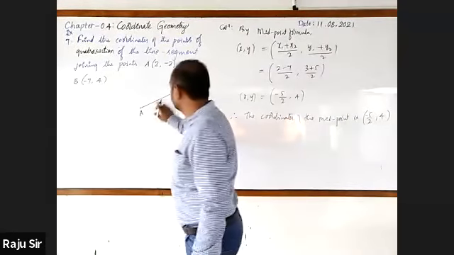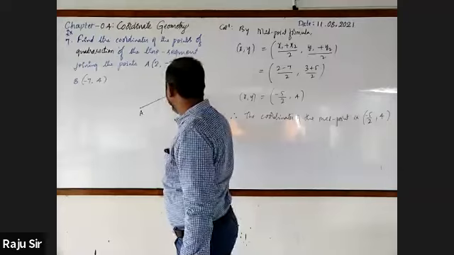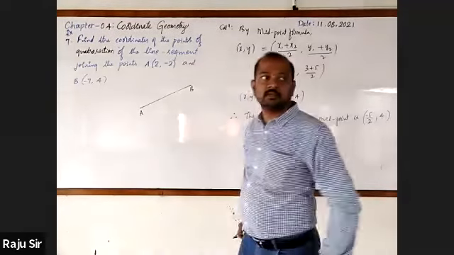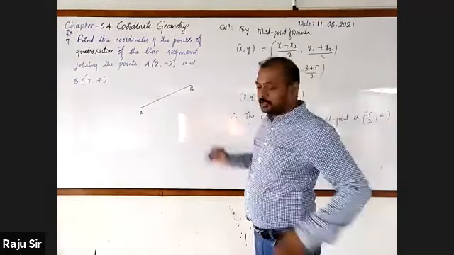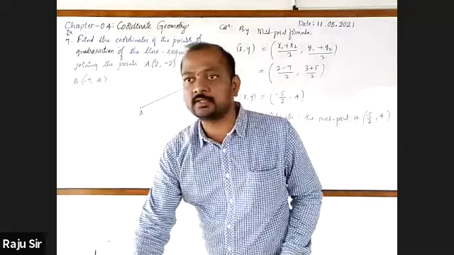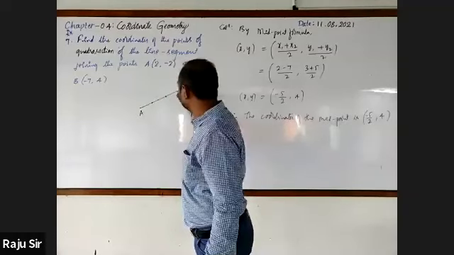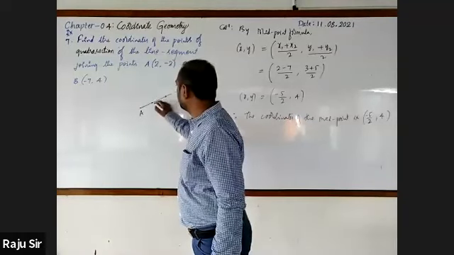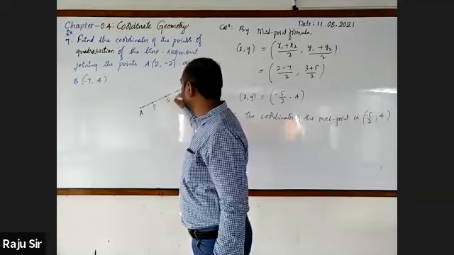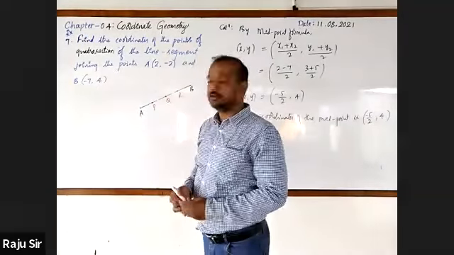Quadrasection, based on midpoint. Now you tell, quadrasection means 4 equal parts. How many points are required to make 4 equal parts? 3 points. Here is 1, this is 1, this is 1. So I name them as P, Q and R.